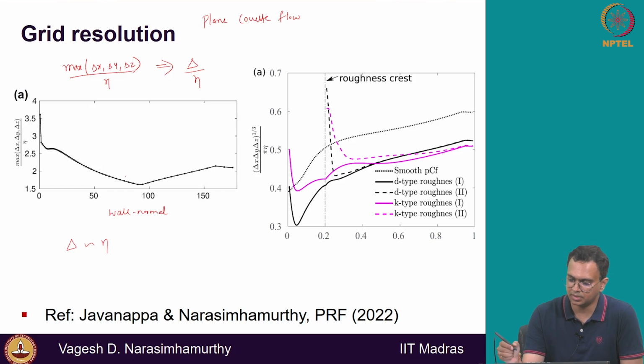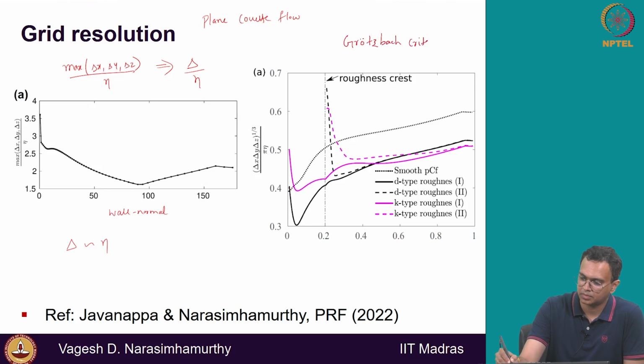There's another criterion called the Grotzbach criterion here. This is also used. As you see here, it is the cube root of this, right? So here delta is defined differently.